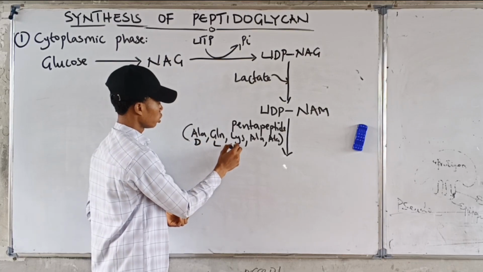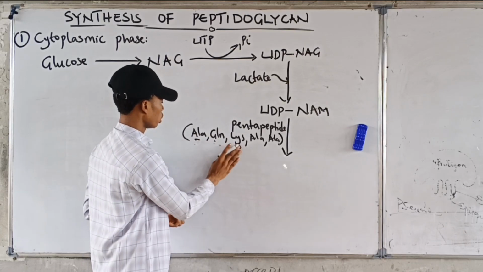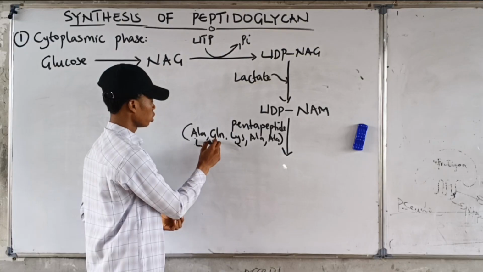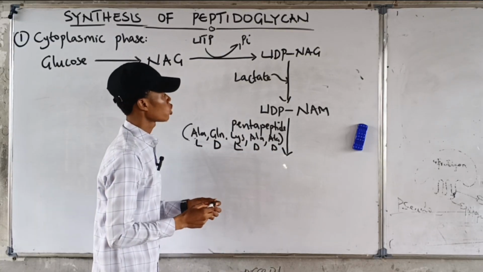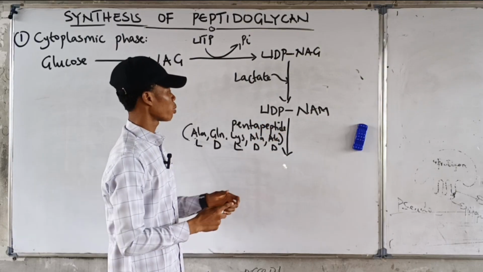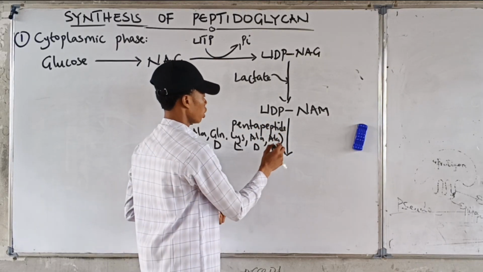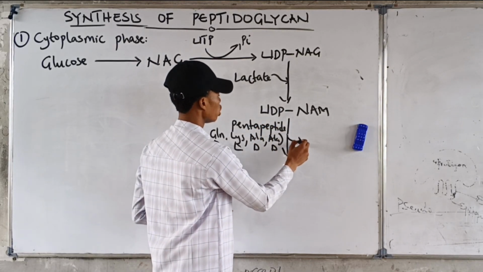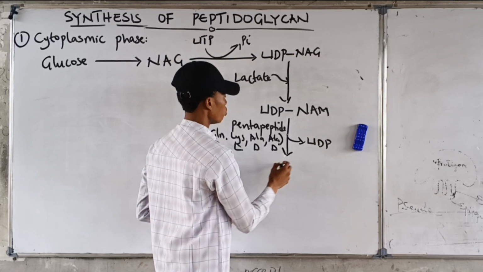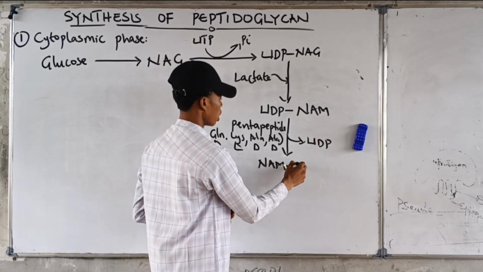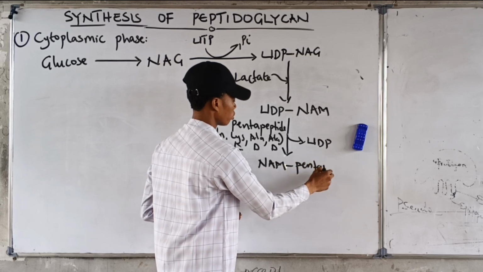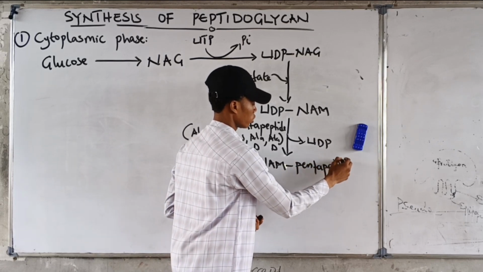Sorry, this first one is in the L configuration. This D, this L, and this D, D. Alright, so now, if you attach your pentapeptide and UDP is given off, you'll have the N-acetylmuramic acid pentapeptide complex.